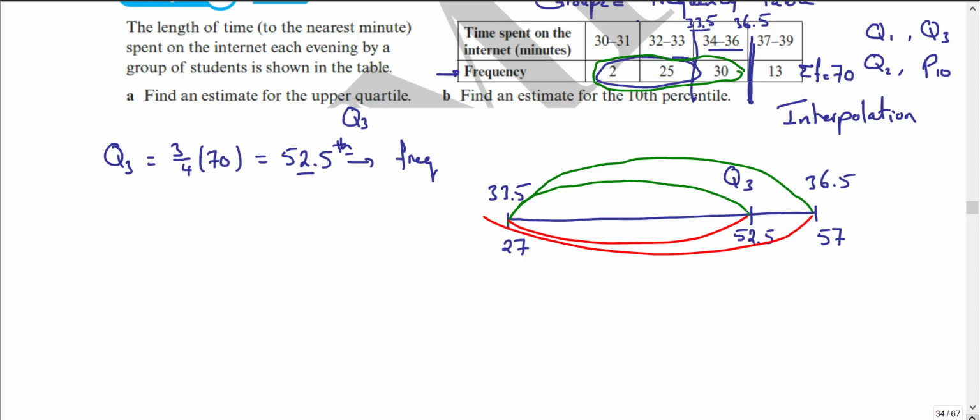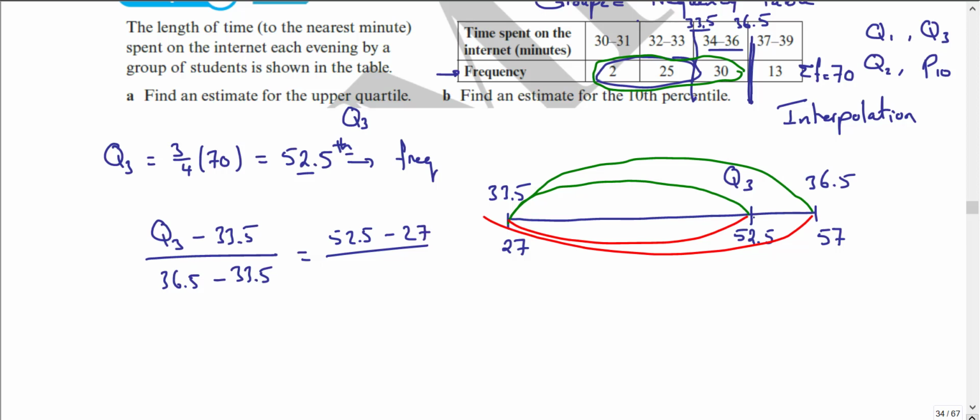So small would be Q3 minus 33.5, the green one, divided by the big green one, 36.5 minus 33.5. Equal to the red ones: small, that's 52.5 minus 27, divided by the big one, 57 minus 27. Do you get this?